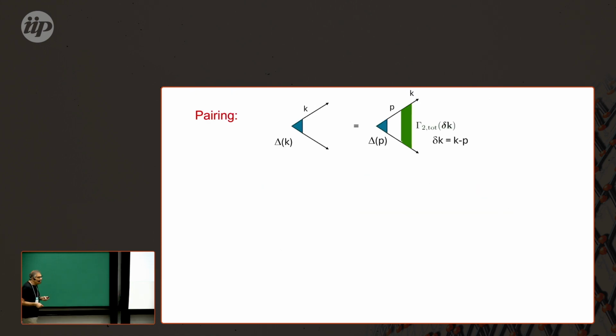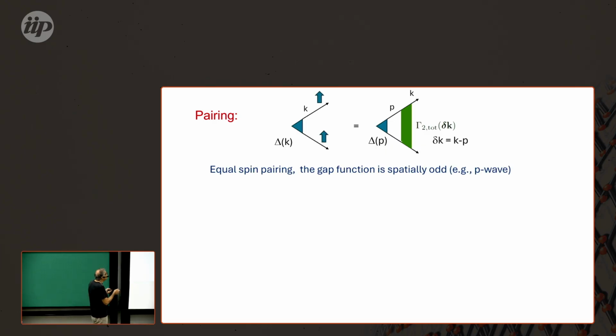Great. Before I go to the result, what comes out? Let's see what we should expect and what we should look at. This is pairing. Remember, this is still the story with just one piece of fermions, one Fermi surface, and we pair fermions with equal spin projection. Because we pair fermions with equal spin projection, and there's only one type of fermions, obviously the gap function must be spatially odd, right?